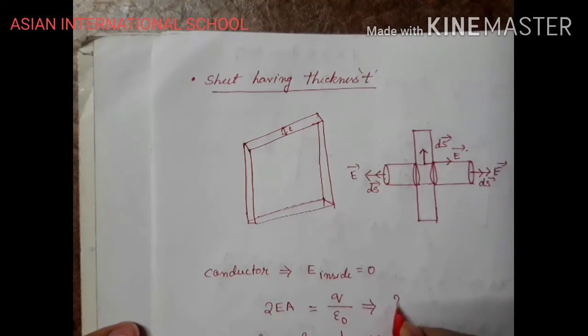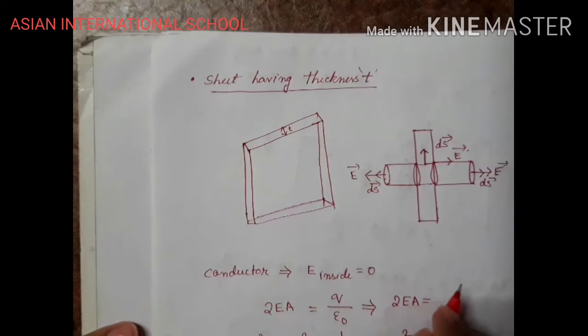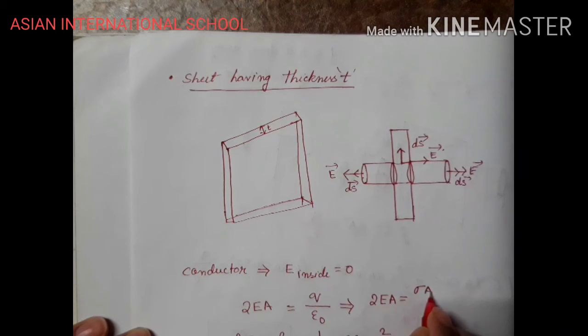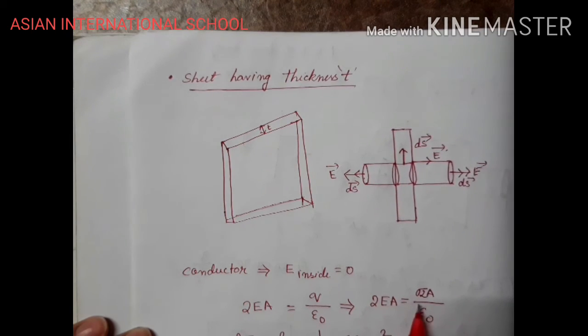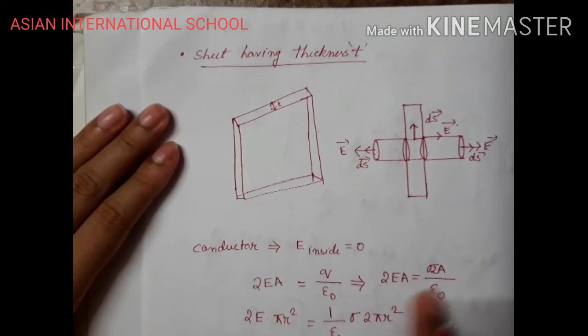So this can be written as 2EA, and Q is the enclosed charge. If sigma is the surface charge density, then it is sigma A by epsilon naught. Why is a 2 coming?